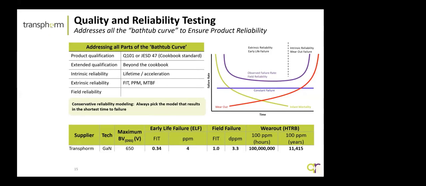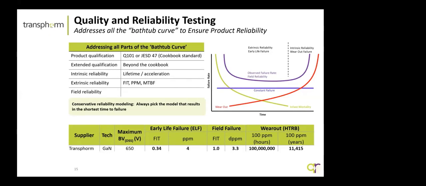So understanding where the GaN actually fails, understanding the activation energies, the acceleration factors, and then moving that to extrinsic reliability. We are the first and only company to show extrinsic reliability. Extrinsic reliability is basically infant mortality, and companies use this to do their calculations for their warranty.